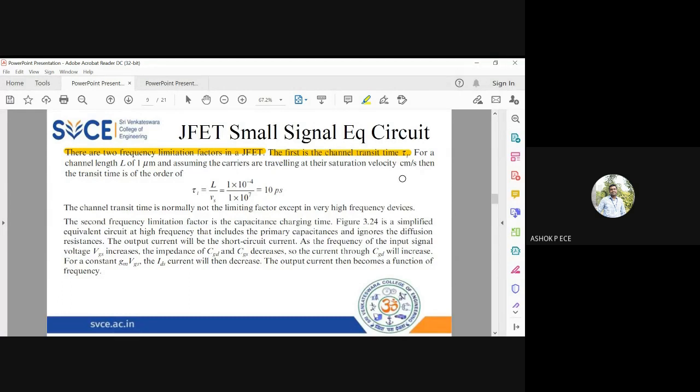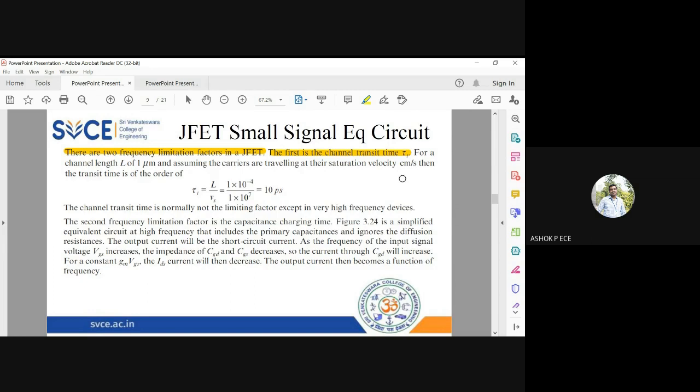Here in JFET, we have a channel of length capital L. So the maximum frequency at which the device can operate will depend on how quickly the majority carriers can cross the channel. That crossing time is given by a technical term called channel transit time.